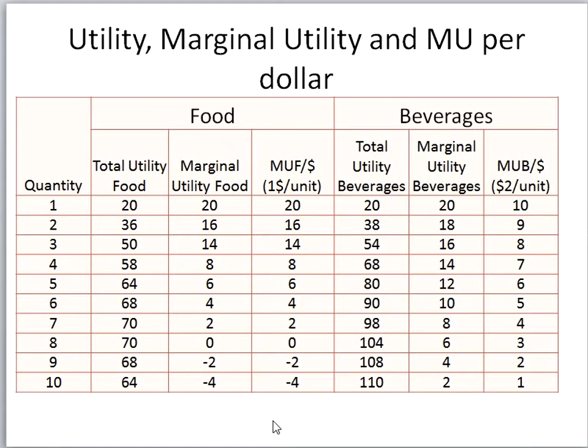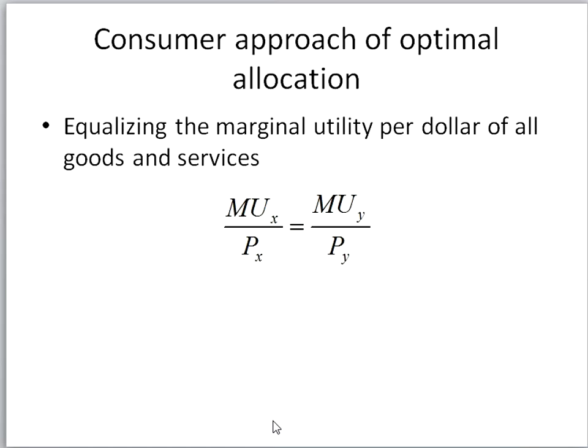So the logic for the consumer is to equalize the marginal utility per dollar of all the goods and services. Consciously or unconsciously, when we assume that the consumer acts rationally, the diversity of products to be consumed have to enter this equation.